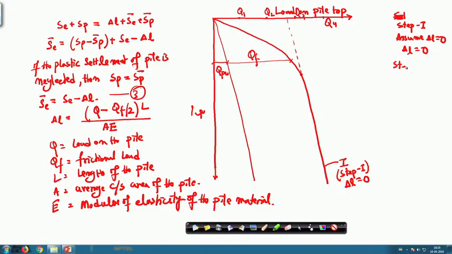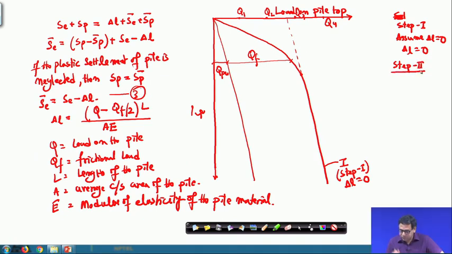So, now in step 2, because this curve is not correct, what we will do is, from this curve at any load, suppose this is my load, I can get what is the QF1 and what is the QPU1 for any loading from this curve.